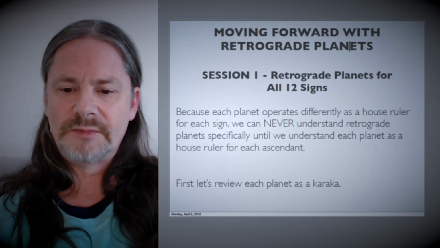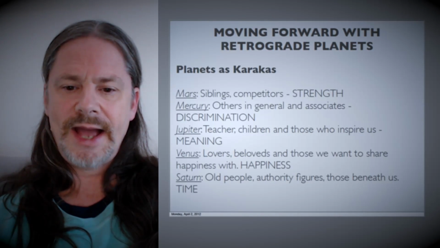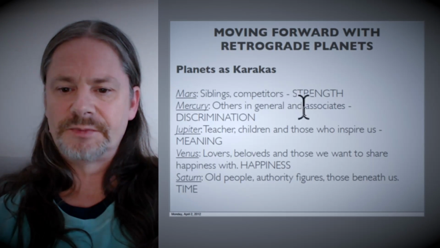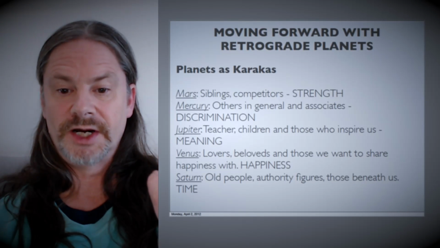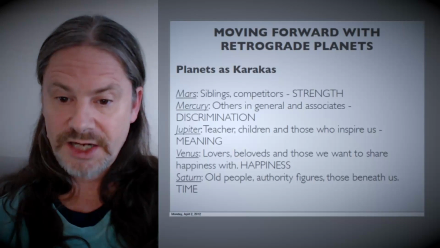where I not only talk about the planets in general and as karakas, but also as house rulers. So you can see, Mars as siblings, competitors, strength. This becomes difficult when Mars is retrograde. Mercury, others in general, discrimination, communication.